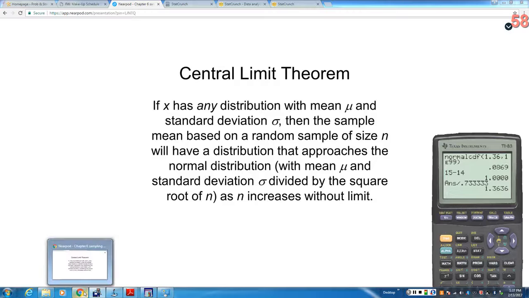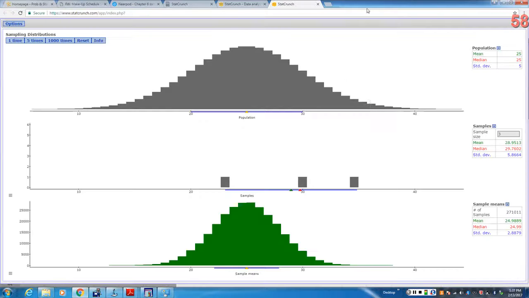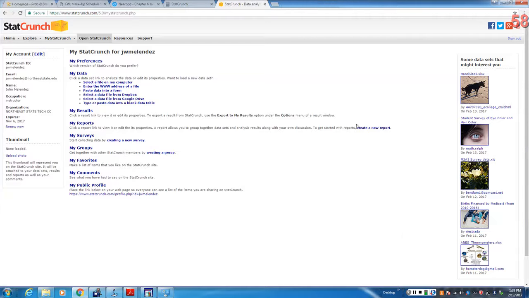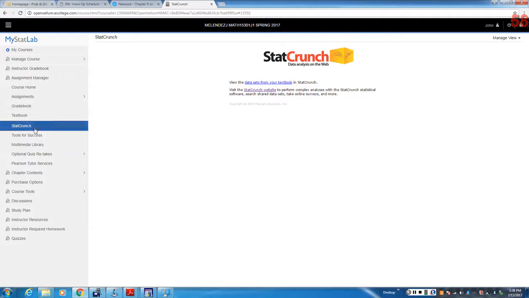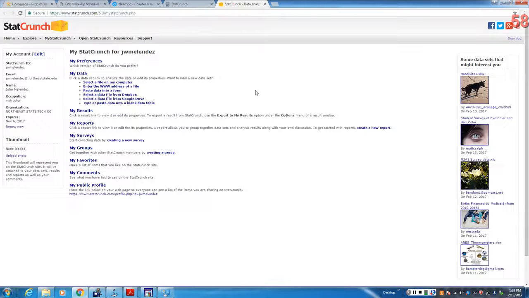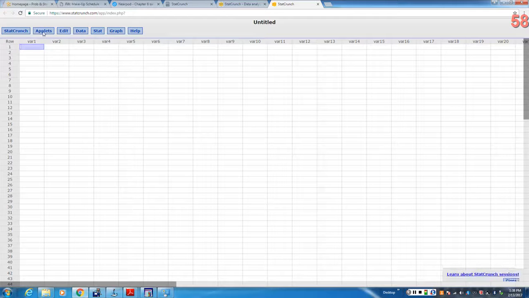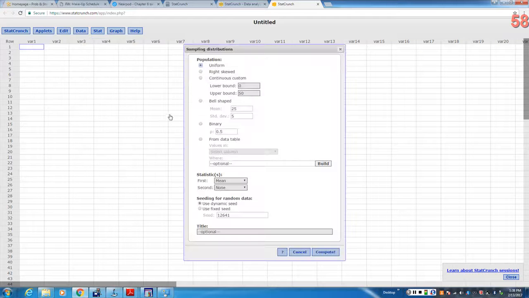Let's go back to our StatCrunch thing that we had before, and I'm going to do it again. But this time, instead of a normal distribution, we're going to do a right skew.